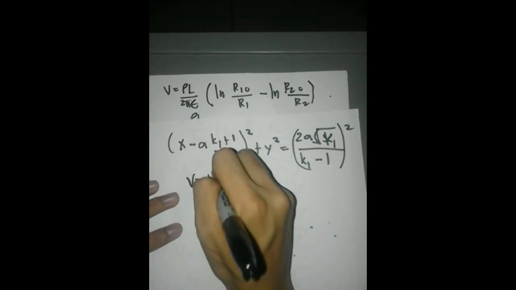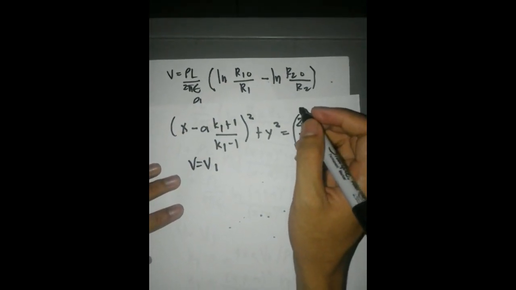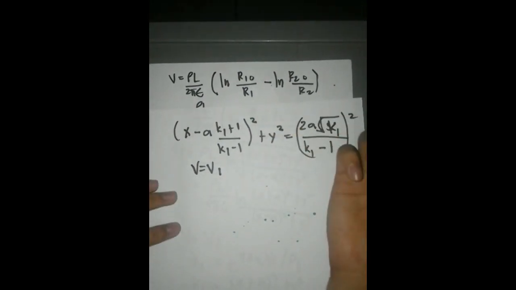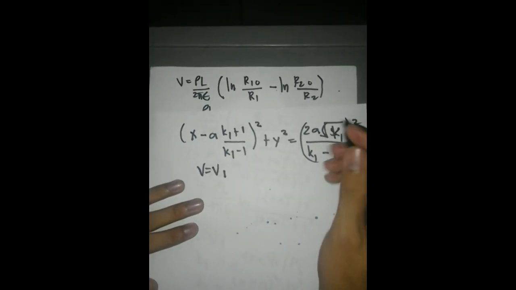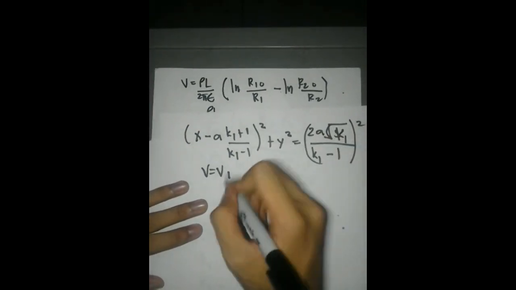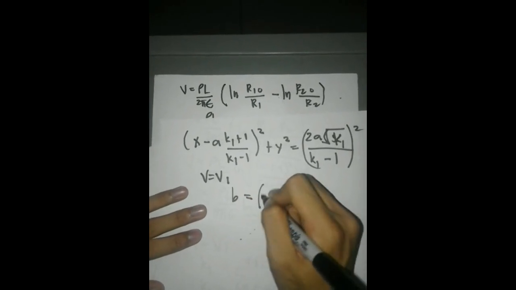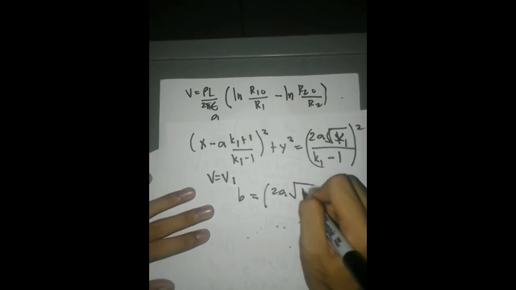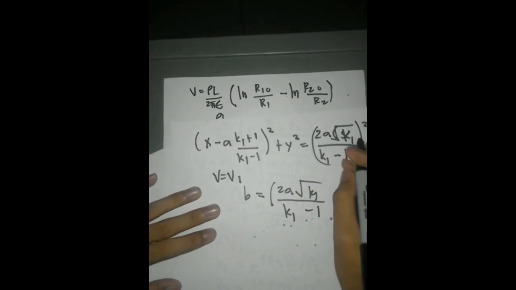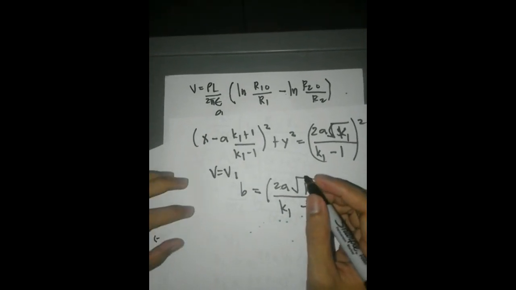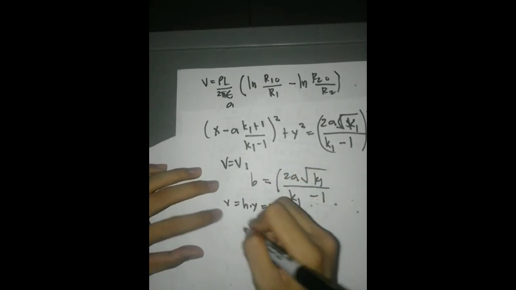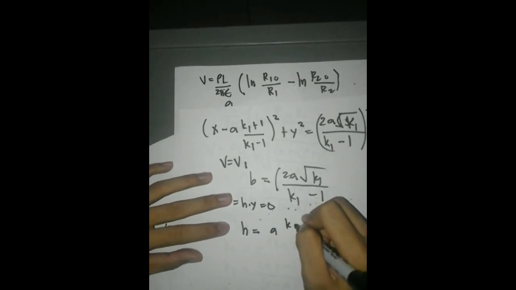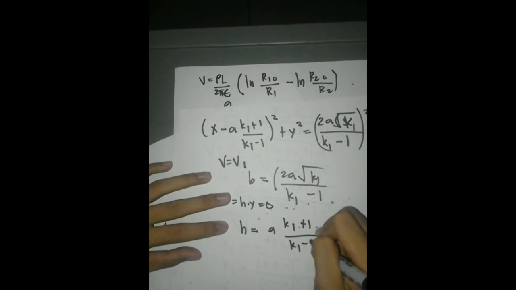This shows that the equipotential surface V equals V1 is independent of z and intersects the xy plane in a circle of radius b, where b equals 2a square root of K1 over K1 minus 1, which is centered at x equals h, y equals 0, where h equals a (K1 plus 1) over (K1 minus 1).